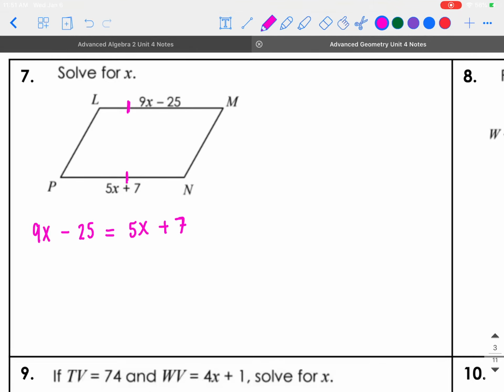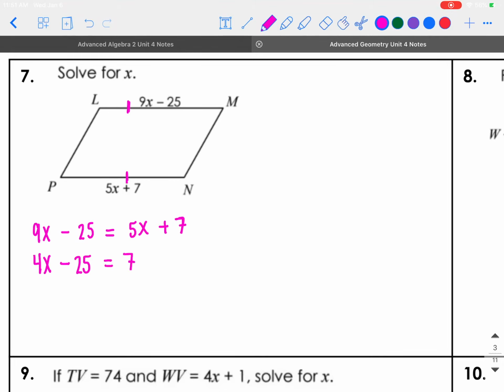I'm going to assume that you are pretty good at solving equations, so I'm not going to slowly get through every step. So if we're solving this, we start by subtracting 5x. That gives us 4x minus 25 equals 7.